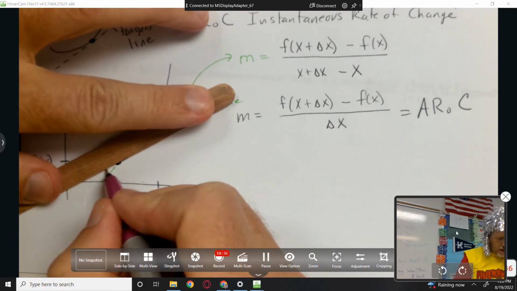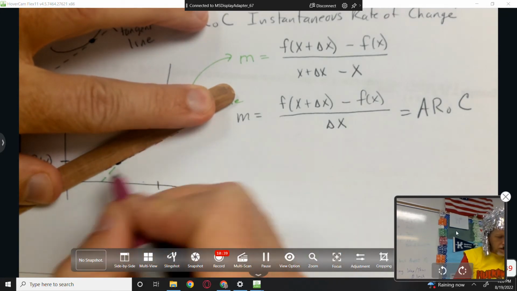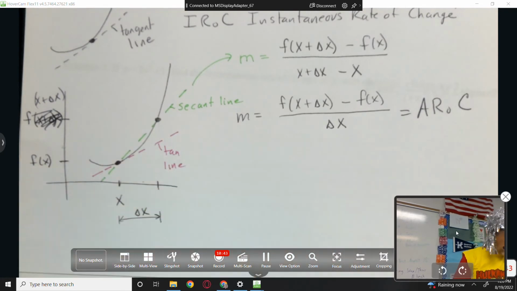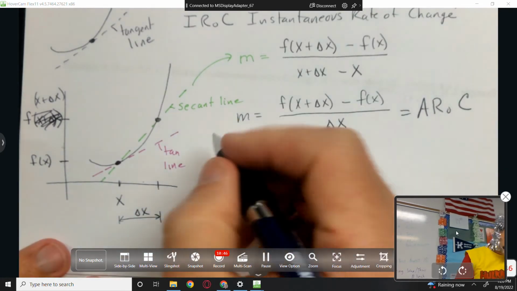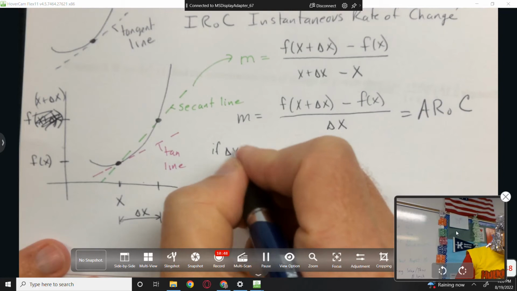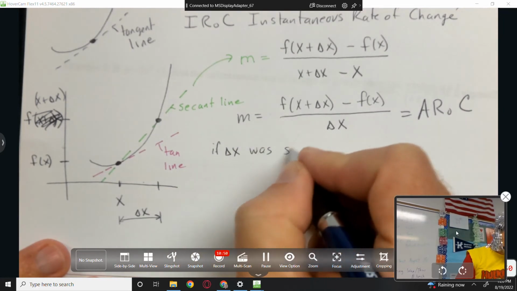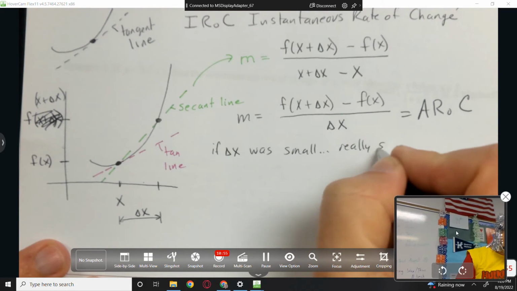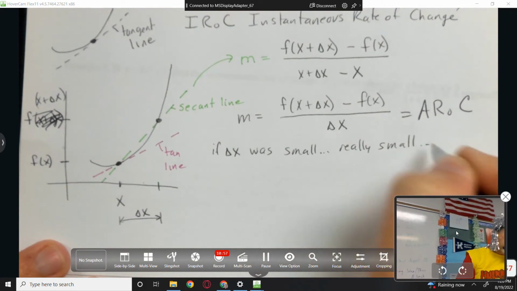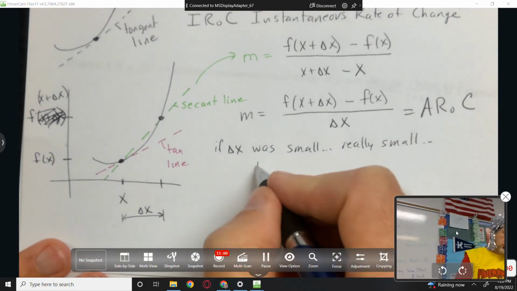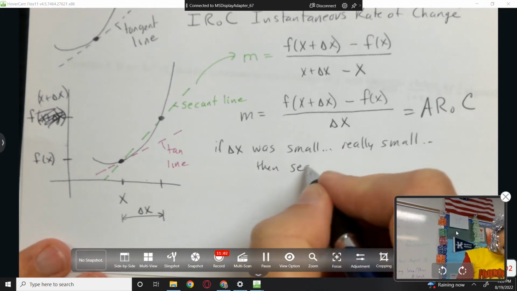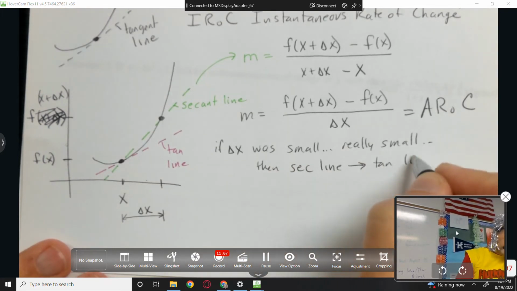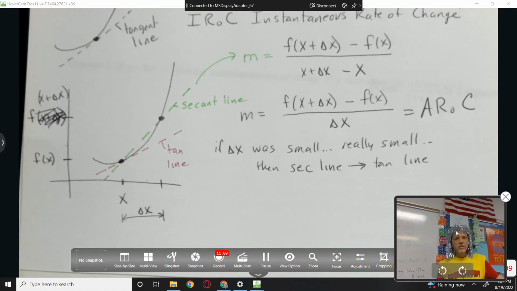Yeah, if my delta x was smaller, there's the tangent line that I want. If delta x was small, like really small, then my secant line would approach my tangent line.